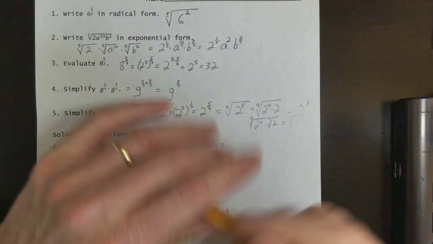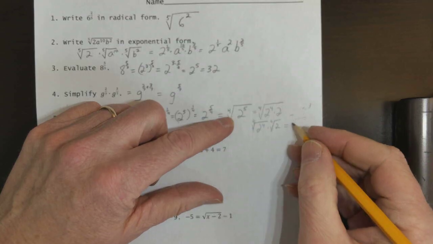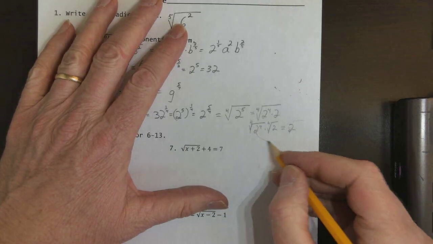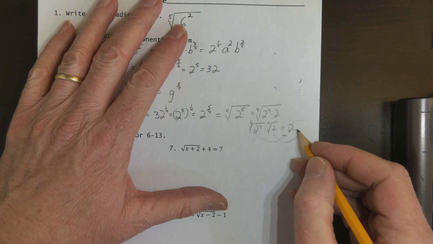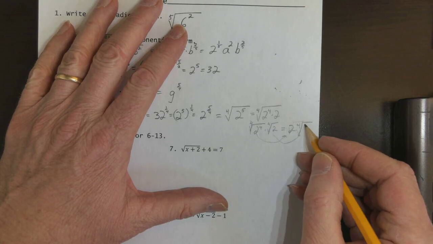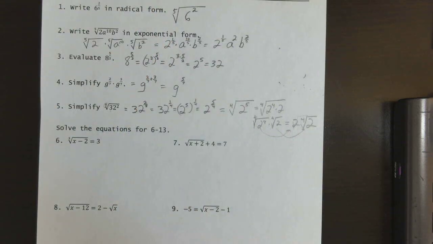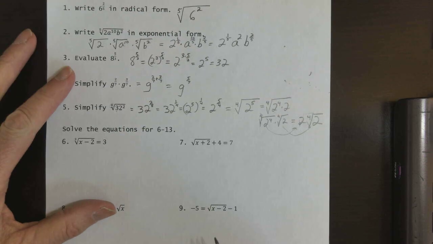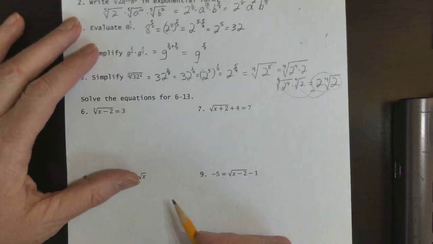The 4th root and 4th power cancel, so that's 2. This part is 2. This part I'll just rewrite times the 4th root of 2. So, alright, let's go with that as my answer there.